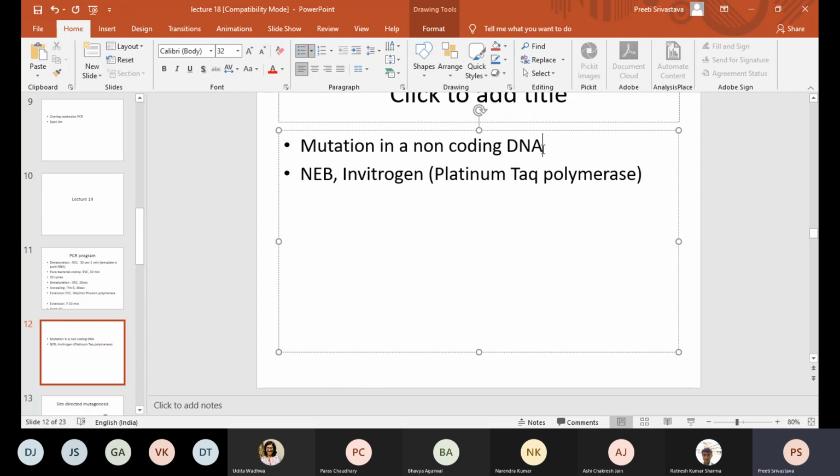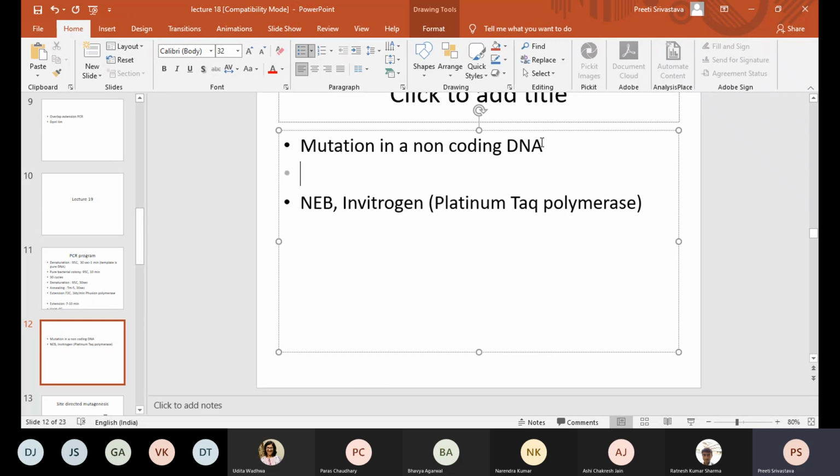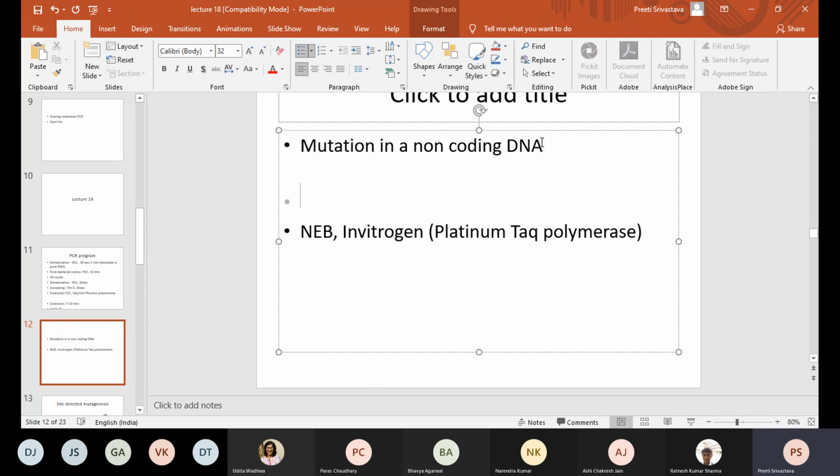Okay. Then another question which was raised in yesterday's class was mutation in non-coding DNA. Mutation in non-coding DNA can also be induced, because non-coding DNA at times is important. Non-coding DNA can be not only repetitive DNA, but can also code for regulatory regions.